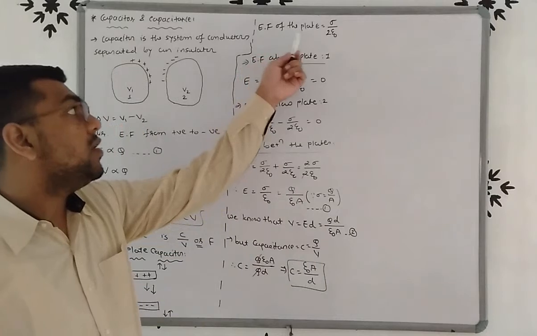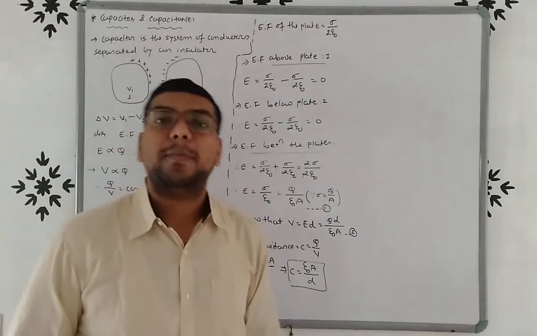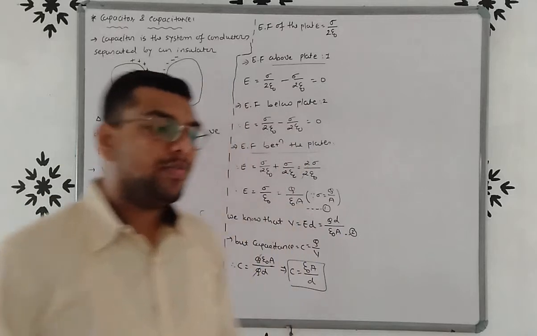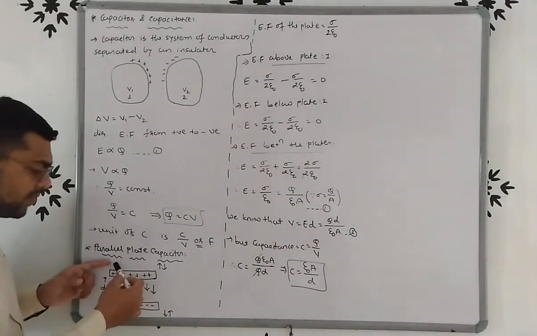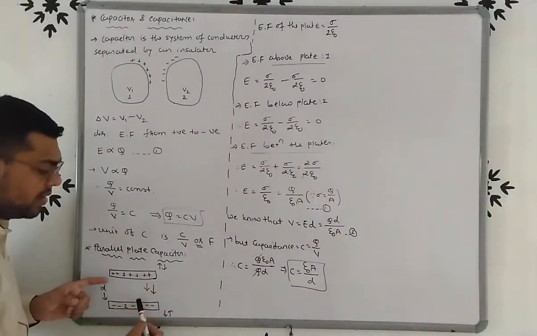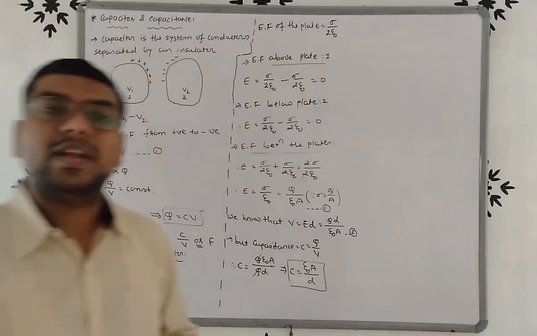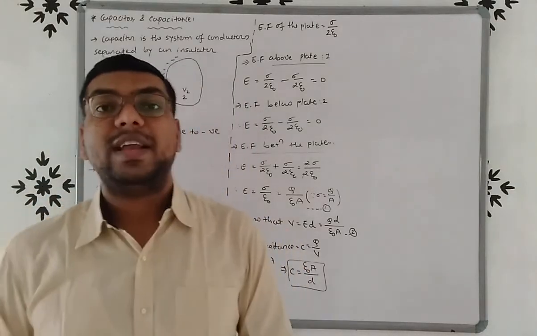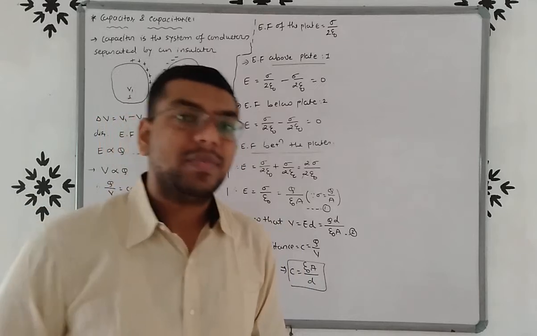So electric field of each plate is sigma upon 2 epsilon 0. Now we have to find out electric field above the plate 1, below the plate 2 and between plate 1 and 2. So we already discussed this concept of electric field, right, in chapter number 1.